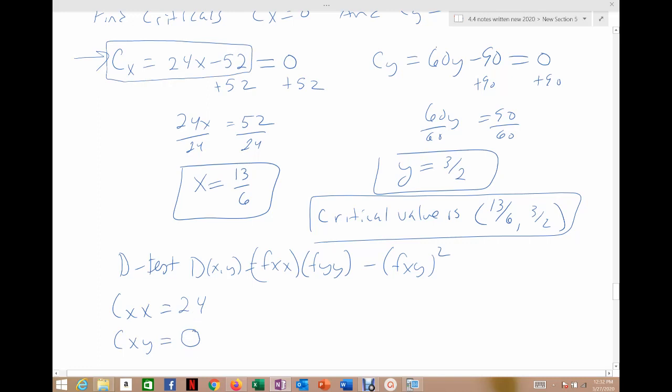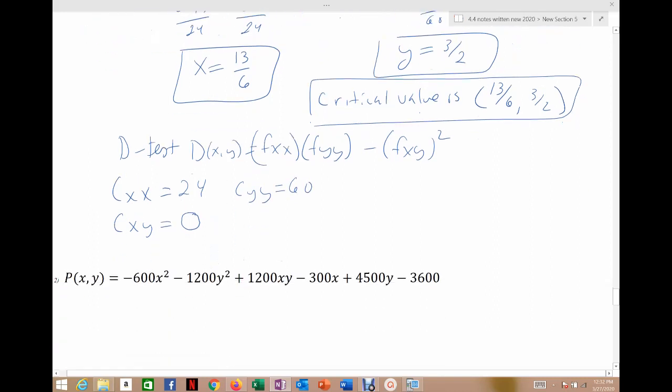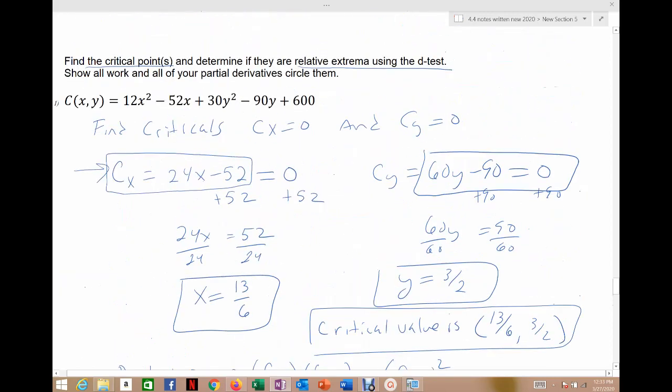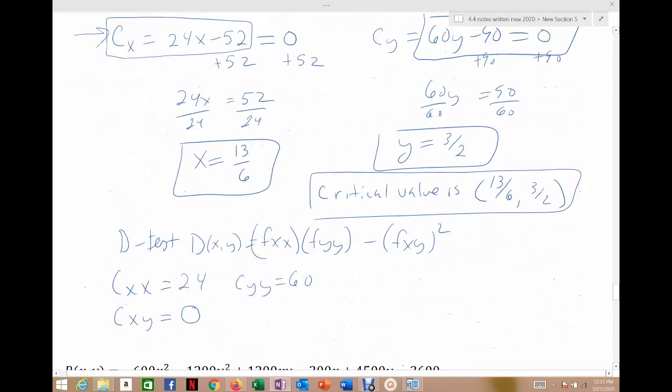Now I go over here and look at this function and take its derivative with respect to y, which is 60. So all of my second derivatives came out as numerical values. Whenever it's a simple case like this, that will always happen.